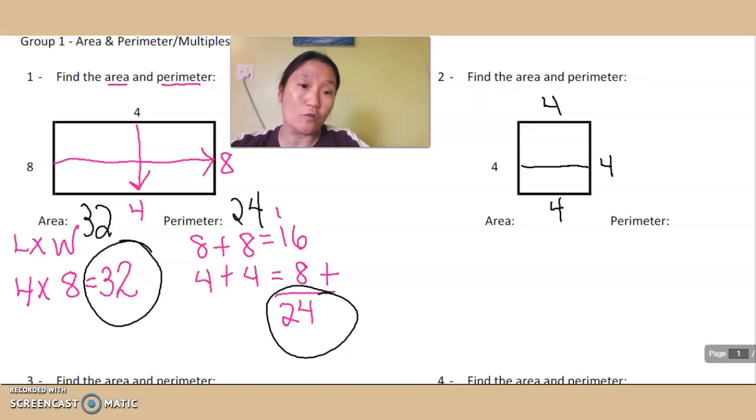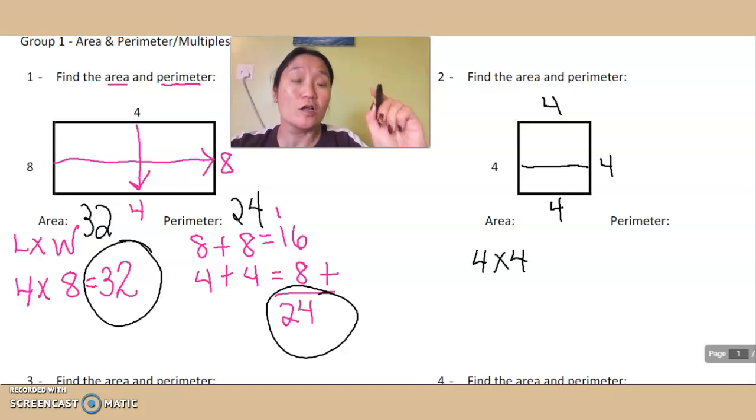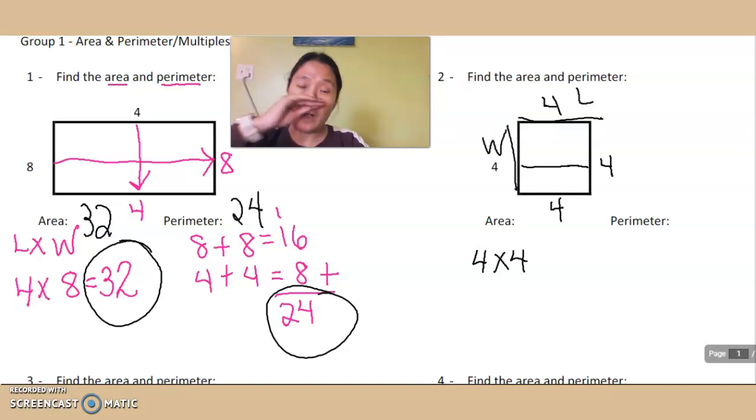So you already know that you have 4 times. If you're doing area, you have 4 times 4, because you're doing length, which is this way, and this is width right there. Length times width, and that's going to be 16.